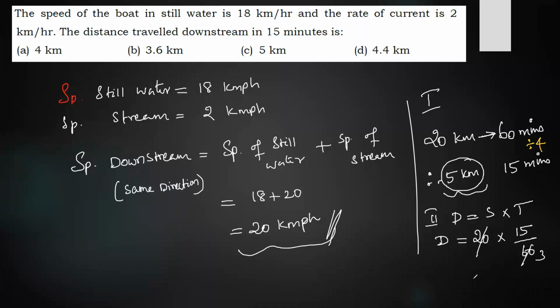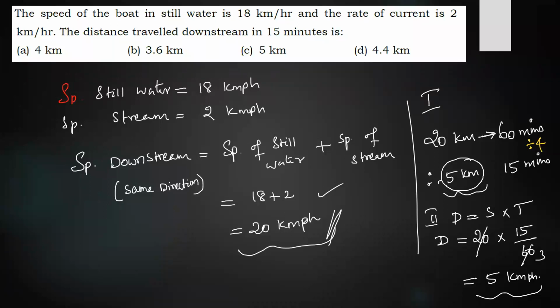Or else you can try like this. The question is distance, right? Distance equals speed into time. Speed is 20 km per hour, time is 15 minutes, so 15 by 60. You get 5 km.